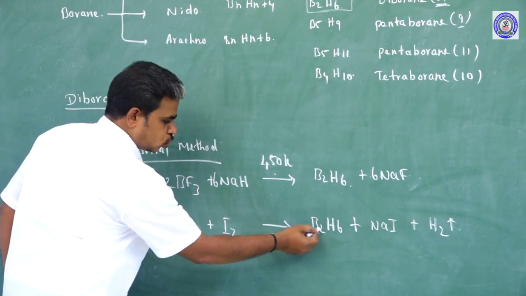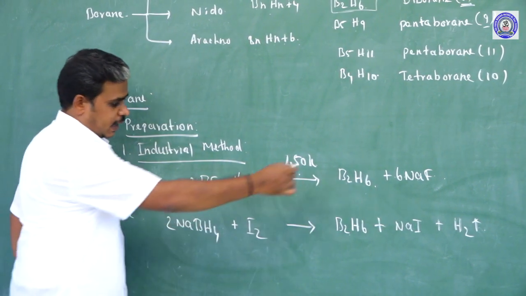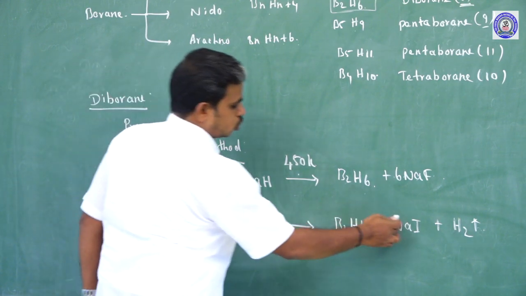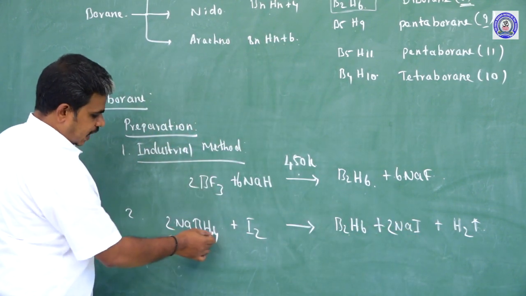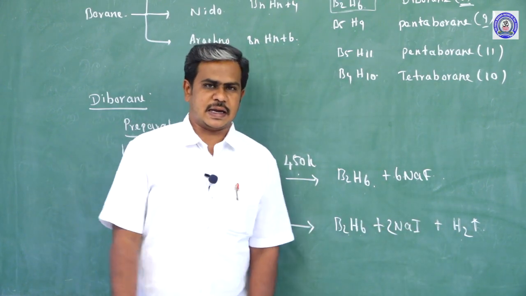Now balance: 2 boron, so here it is 2. 2 Na, so here 2, and 2 iodine. Hydrogen 8, that is 6 plus 2, so 8 hydrogen.